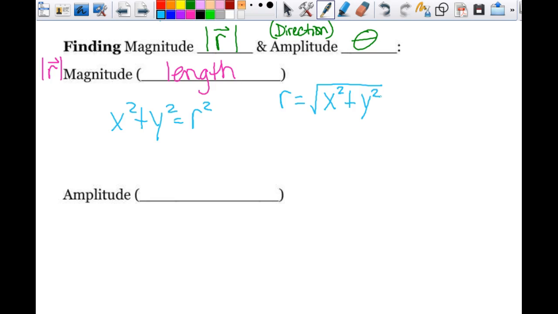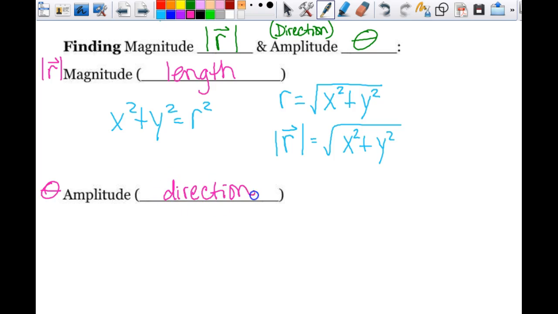Because r does represent the magnitude, but the magnitude is the square root of x squared plus y squared. You wouldn't have to write it both ways, just whichever one applies to what you're doing and makes the most sense at that point. Okay. All right, so then we're looking for the amplitude, which is our theta, which is also the direction.